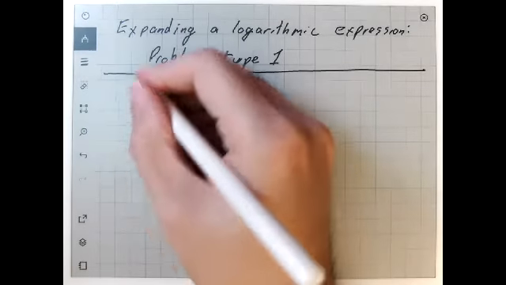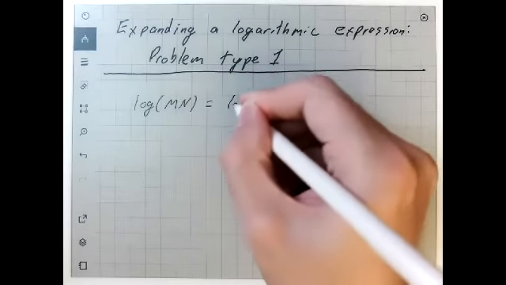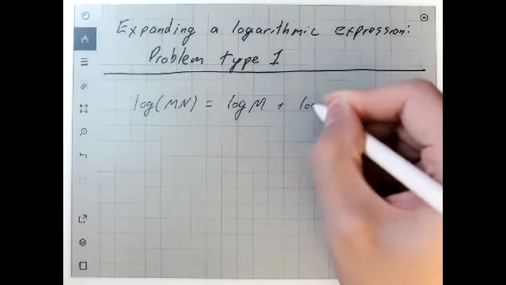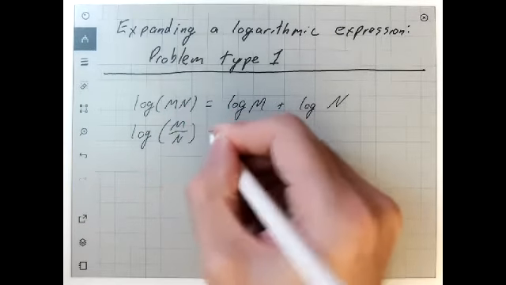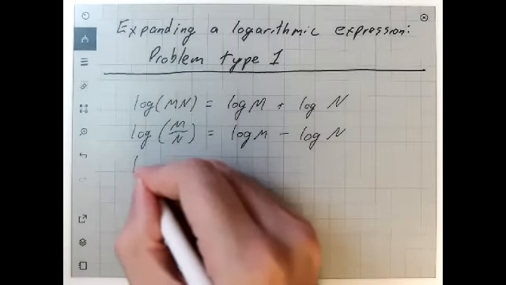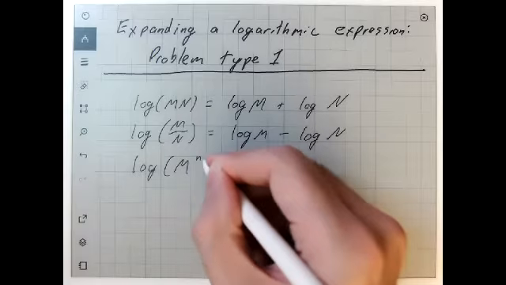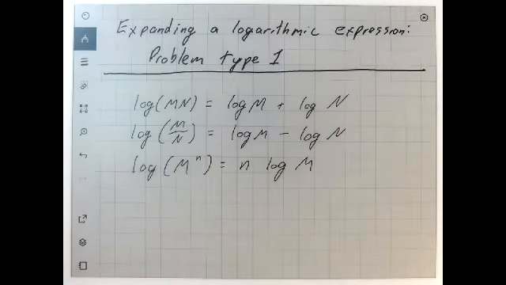We've seen the properties of logarithms can be used to rewrite multiplication, division, and exponents inside the argument of the logarithm as addition, subtraction, or multiplication outside the argument of the logarithm.